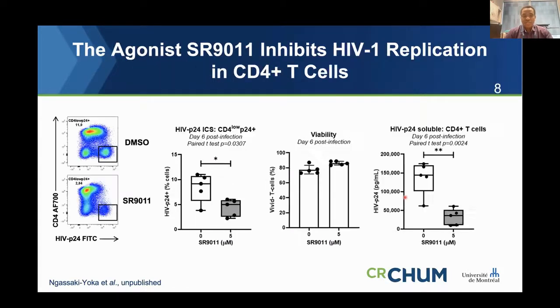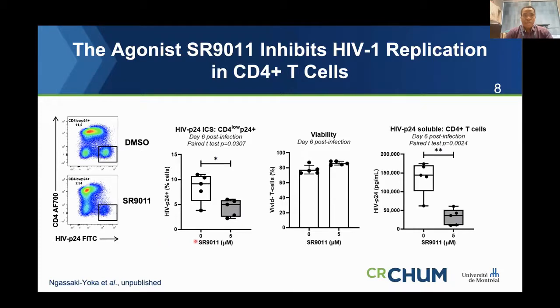To test the effect of REV-ERB pharmacological activation on HIV replication, CD4 T cells of HIV uninfected donors were exposed to replication competent HIV and cultured in the presence or absence of the agonist SR9011.